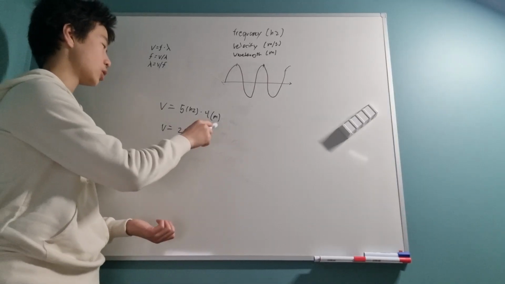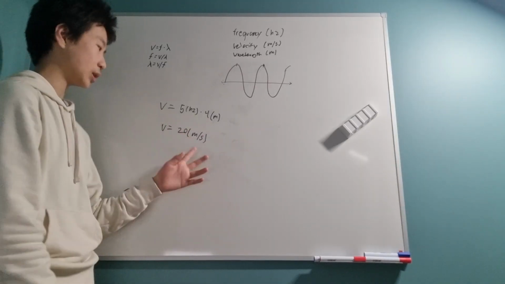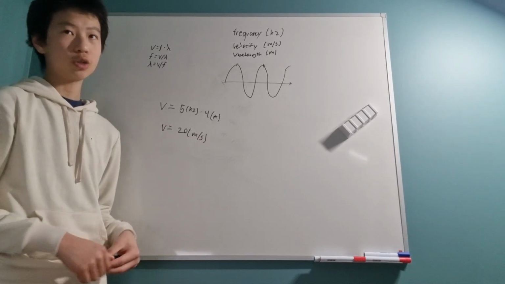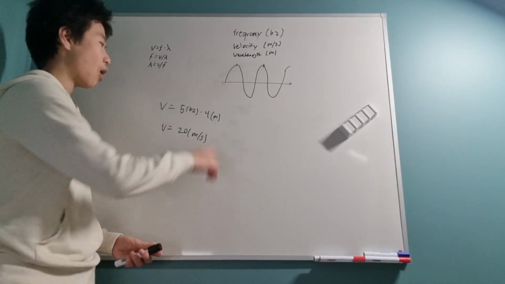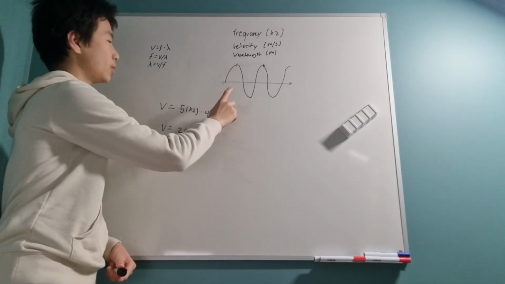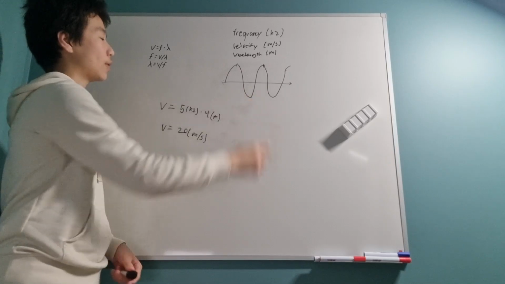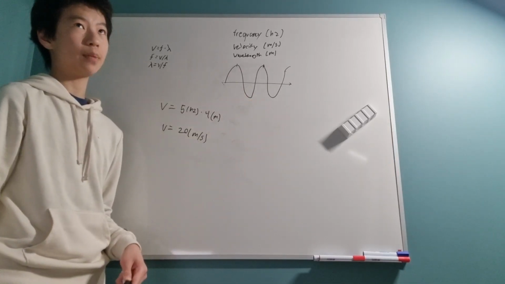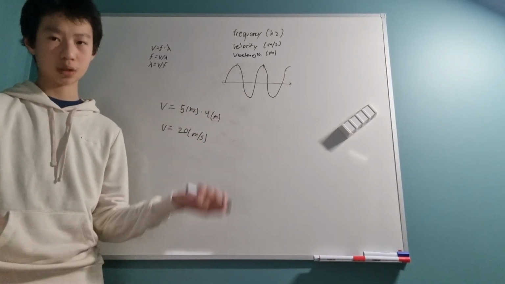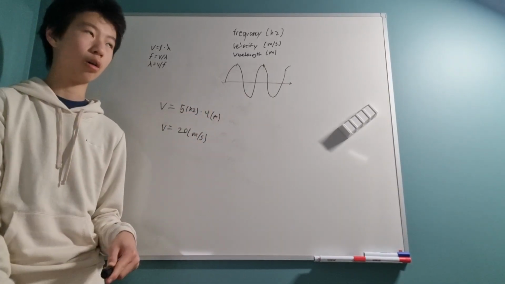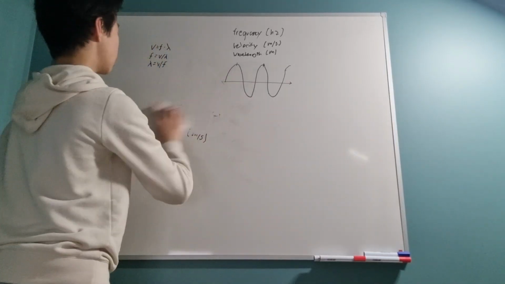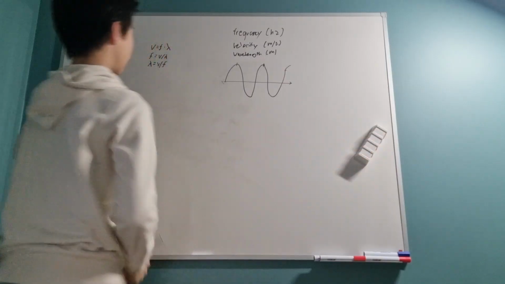Because we are doing this in seconds, assuming this is 1 second, then we're really just calculating how long one wavelength is, and then multiplying it by how many times it happens to get the total length that's traveled in 1 second.